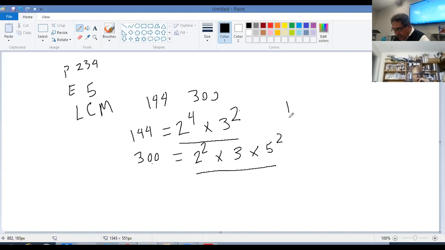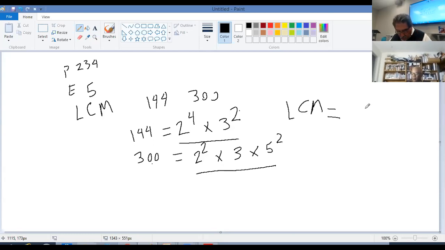So we want to find the LCM. It must have every prime, each one raised to the greatest power. So what do we have? The only exponent that occurs on 5 is 2, so we select 5 to the power of 2. We select every prime factor raised to the greatest power to which it occurs in these factorizations.